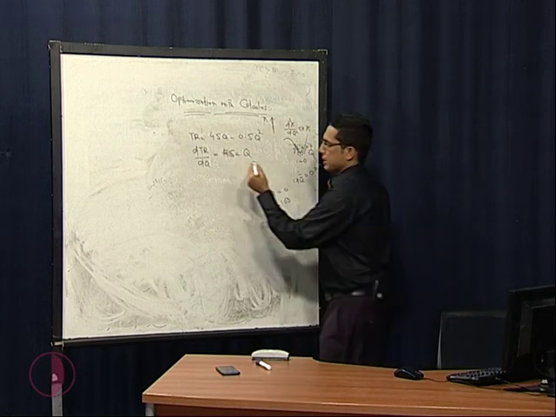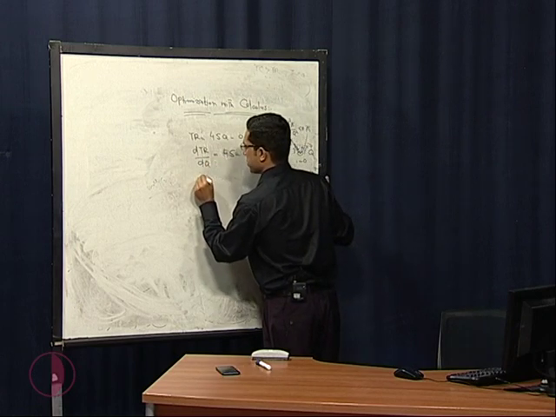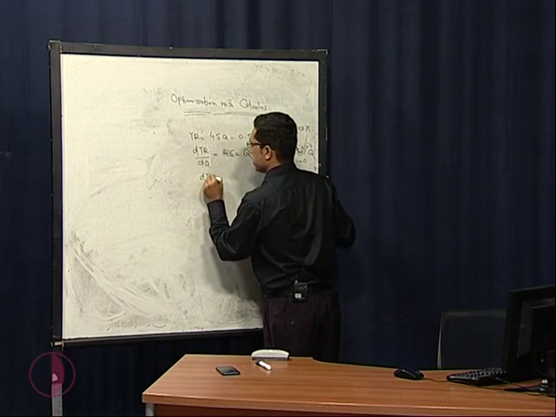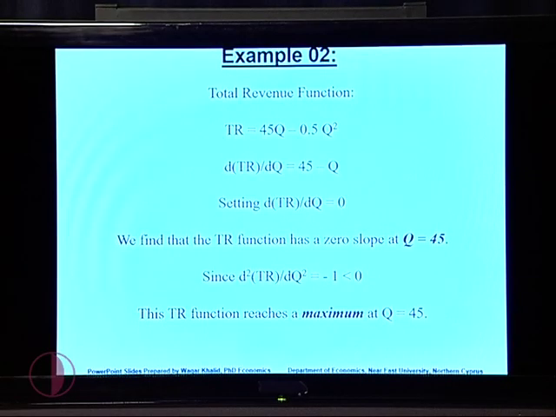So setting this expression equal to 0, change in total revenue over change in Q equal to 0, we can find out Q. 45 minus Q equals 0, Q is equal to 45 units the firm should produce.